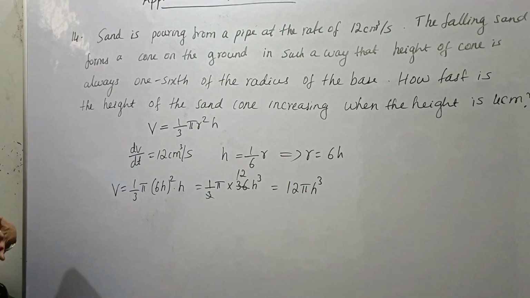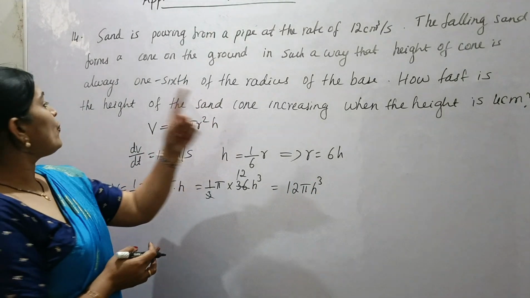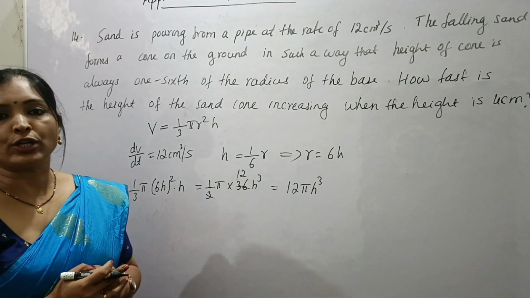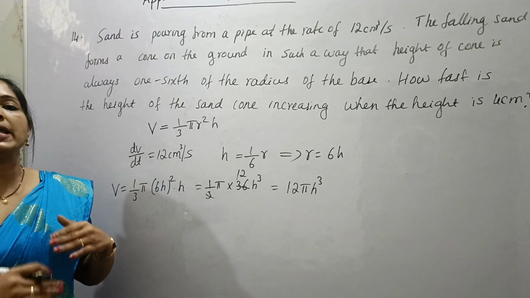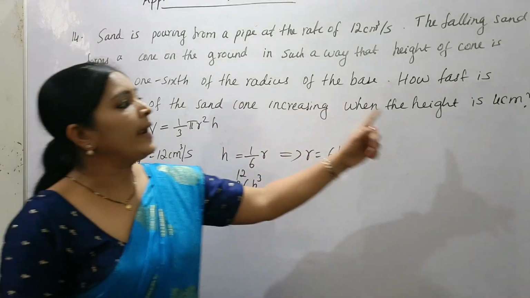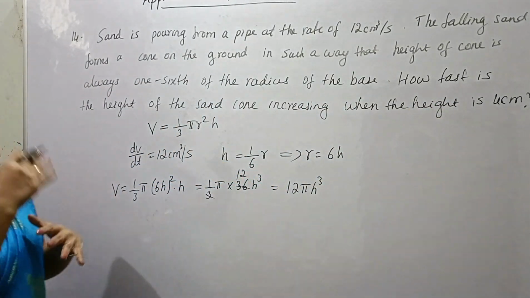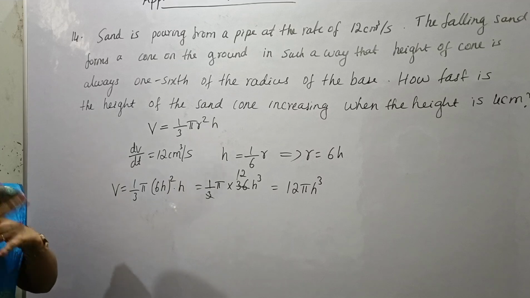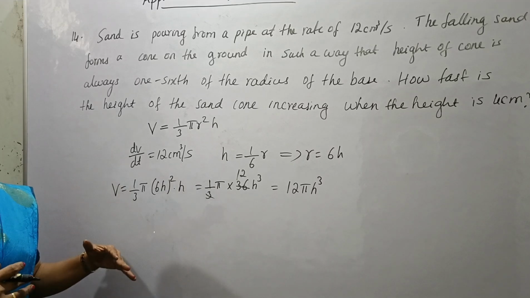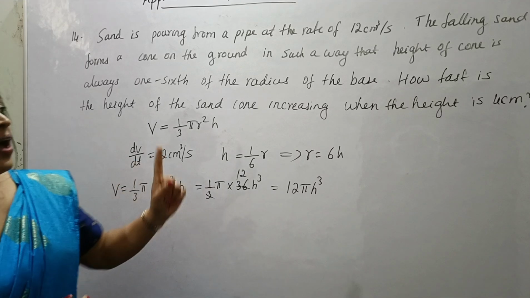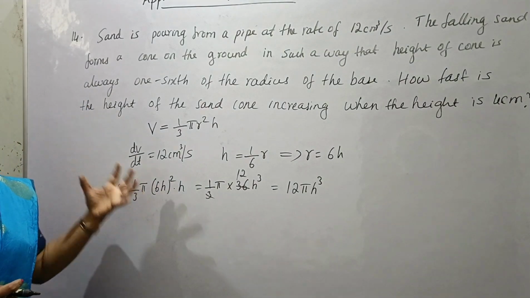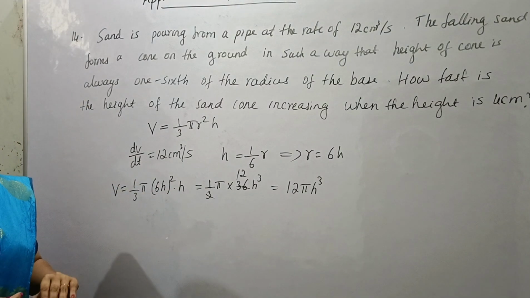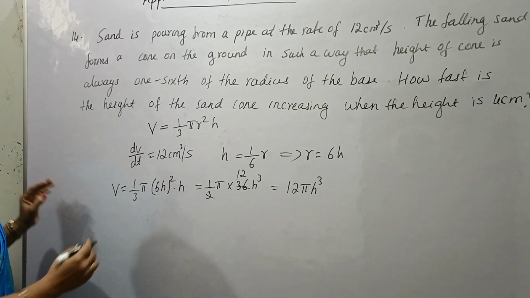Now what do we have to find? We have to find how fast the height of the sand cone is increasing when the height is 4 cm. How much it is increasing per second, we have to find when the height is 4 cm. So we need to find the rate of change of height with respect to time, that is dh/dt.